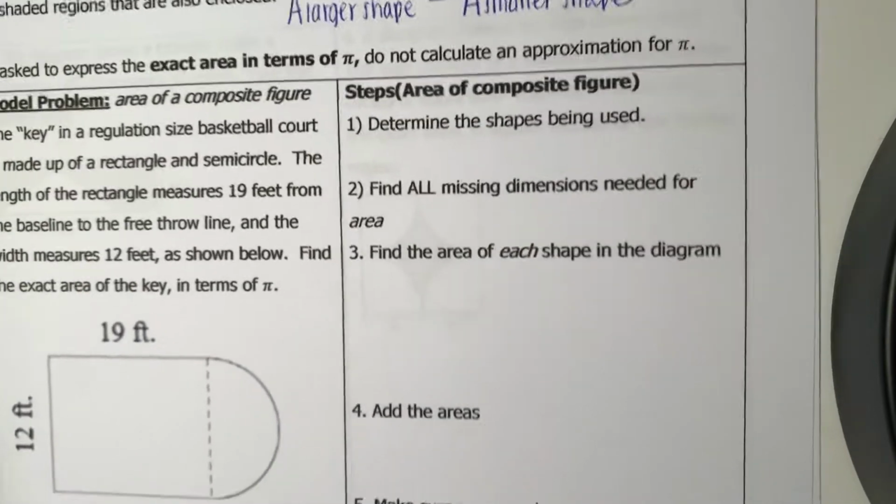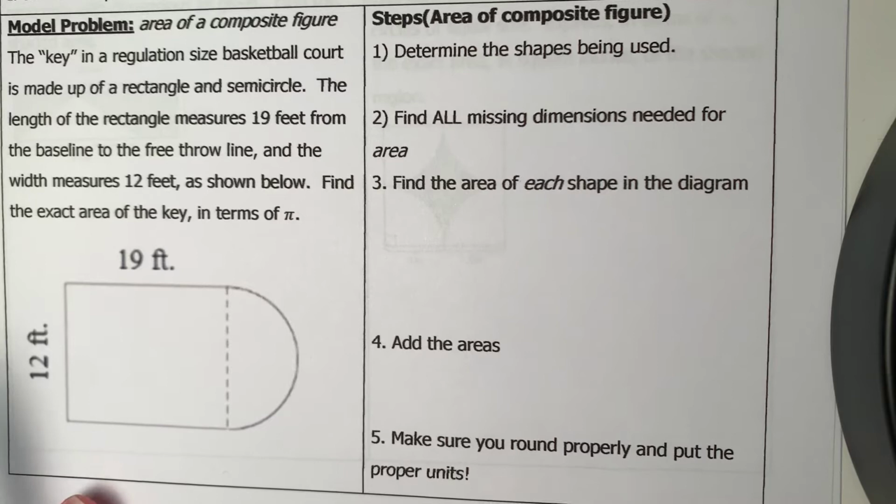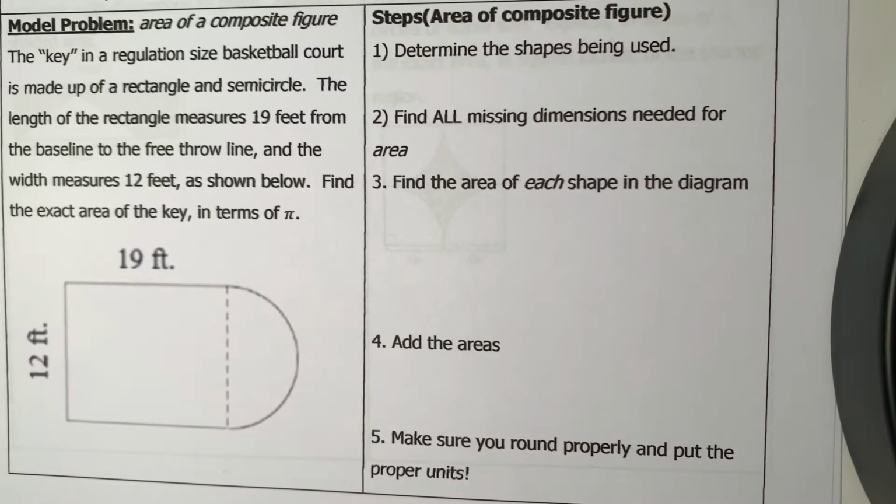Okay. So if we look at the first one, we have the key in a regulation size basketball court. So this is actually the same problem that we looked at yesterday when we were doing perimeter, except now instead of finding the perimeter, they want us to find the area, okay? So step one, determine the shapes being used.